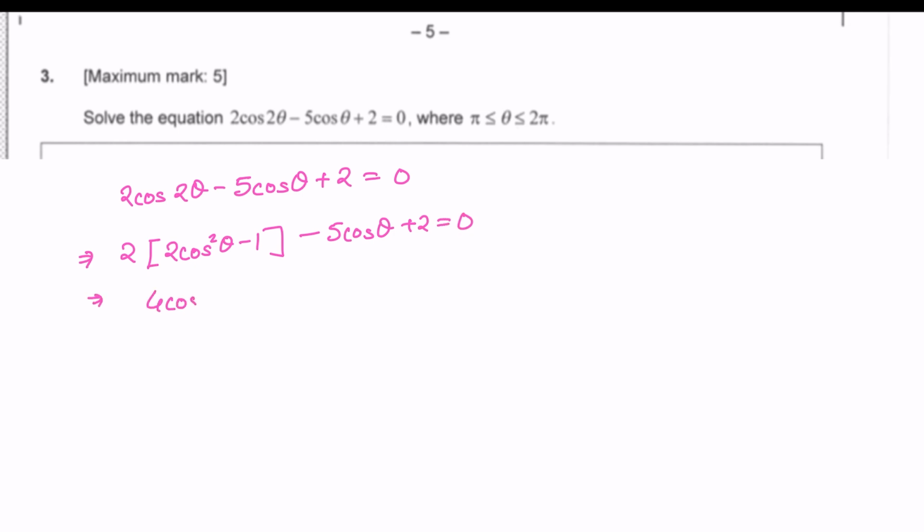This becomes 4 cos squared theta minus 2 minus 5 cos theta plus 2. Now the negative and positive 2 will cancel out. And if we take cos theta common, we get cos theta times (4 cos theta minus 5).